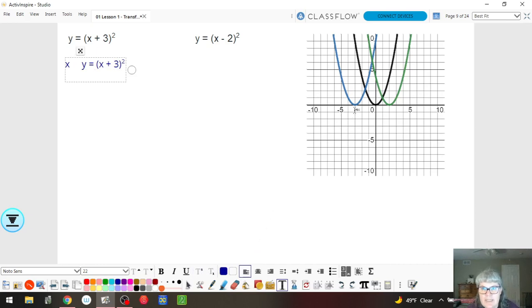Our vertex is at negative 3, so if I went 3 numbers to the left of that, that would put me at negative 6. Has the y value of 9, like our original.